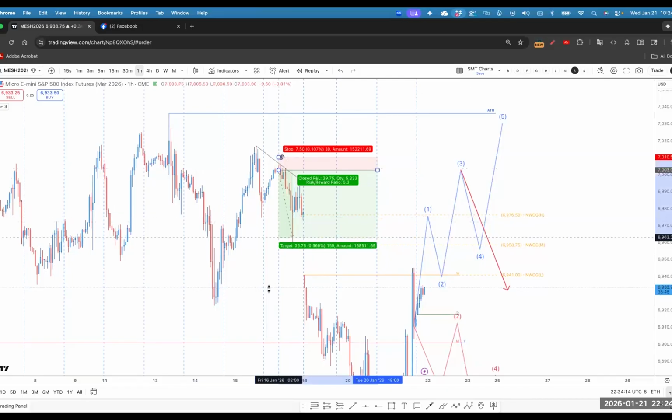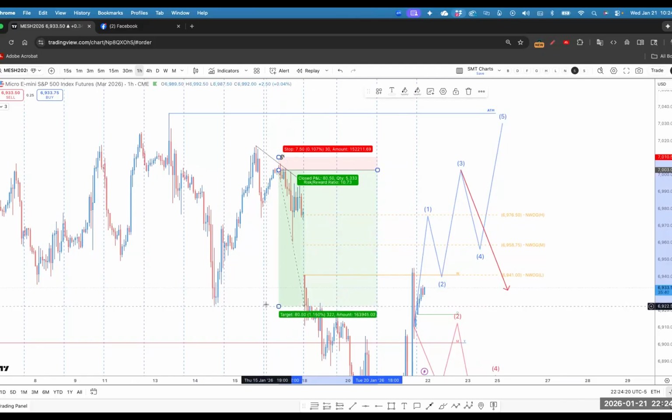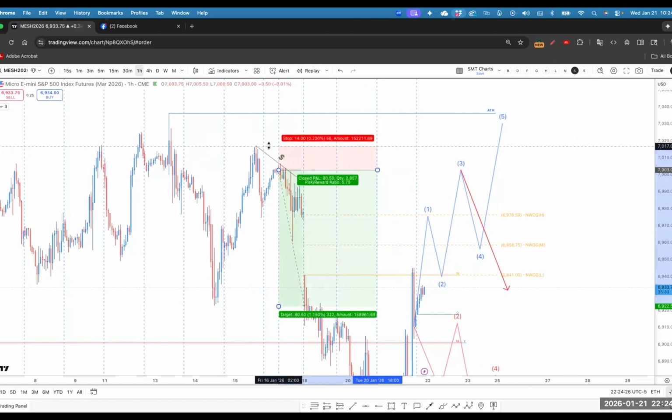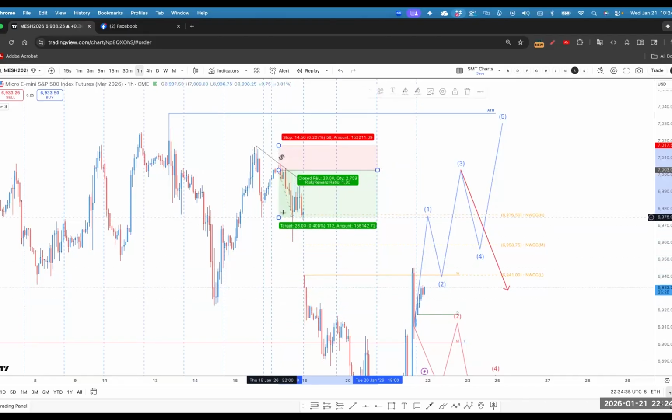If I were to take it all the way down here, I'm looking at a 10-1 setup. You see what I'm saying? And if I did the high right here, and I'm just looking at the first target, I'm still looking at almost 2-1.